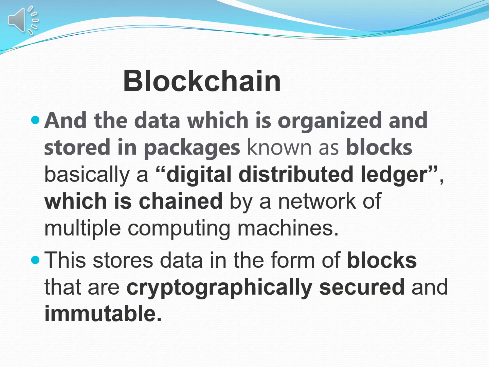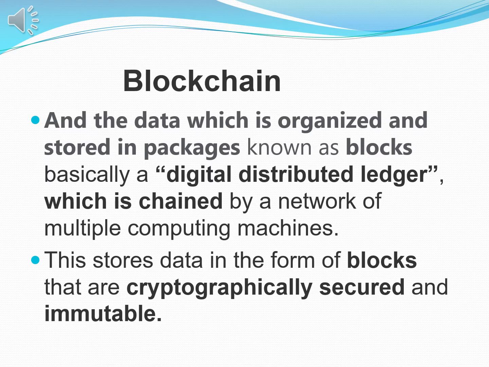As we talked about in the previous slide, the data is organized and stored in packages known as blocks. Basically, these blocks are digital distributed ledgers, chained by a network of multiple computing machines, computers or different devices. These store data in the form of blocks that are cryptographically secured and immutable.